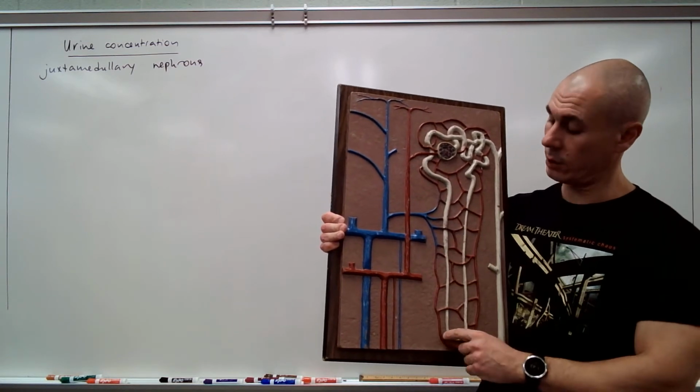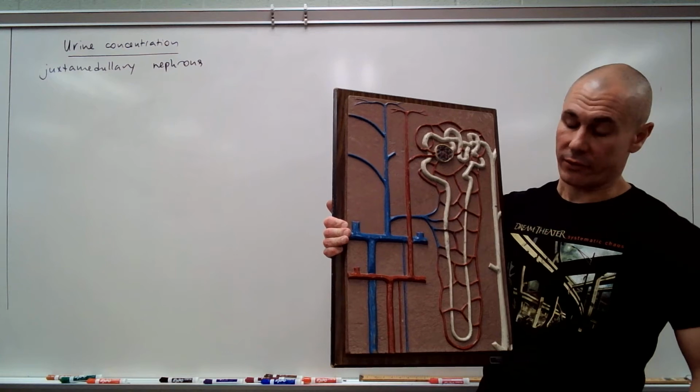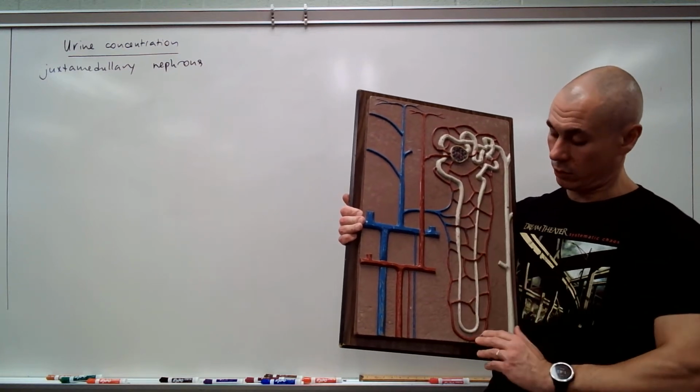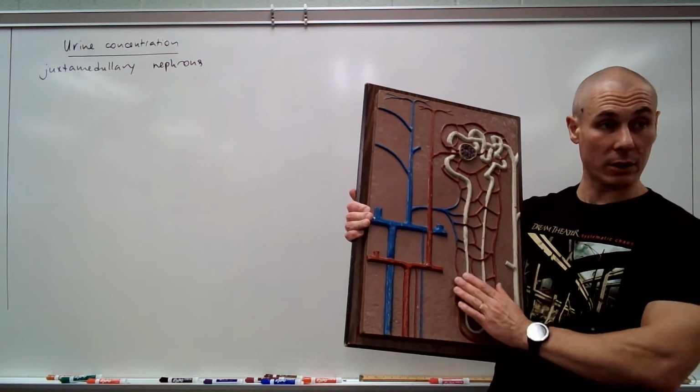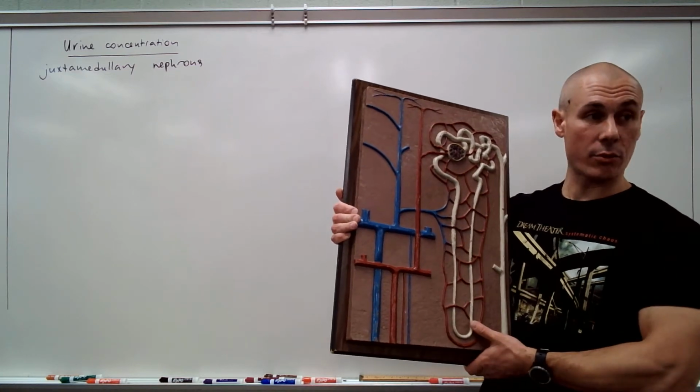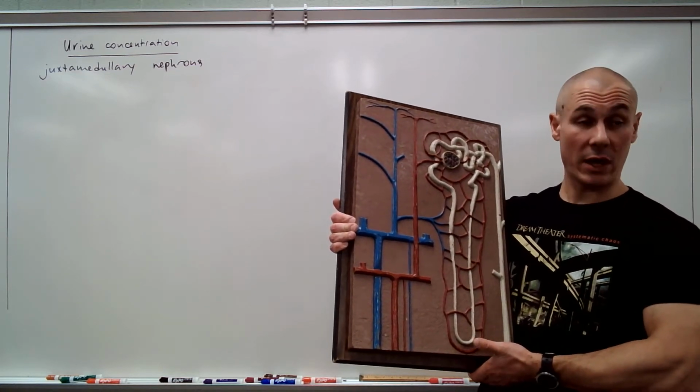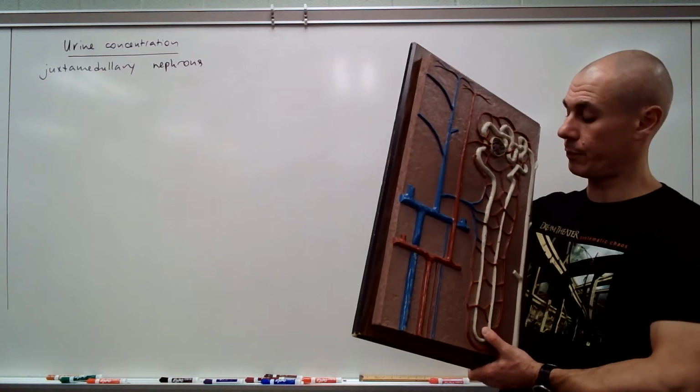The white part is called loop of Henle, or nephron loop. And this red part of capillaries is called vasa recta. Vasa being vessels, recta being straight vessels.